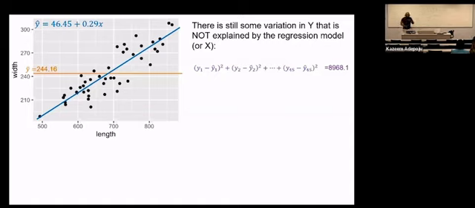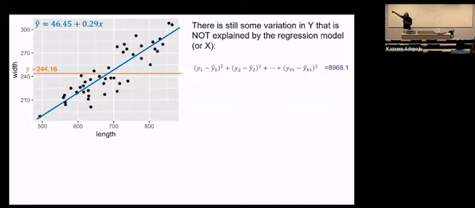It's just going to be the actual observation of the dependent variable minus the predicted. Is that not the error? What is the residual? The residual is the difference between the actual observation and the predicted observation.